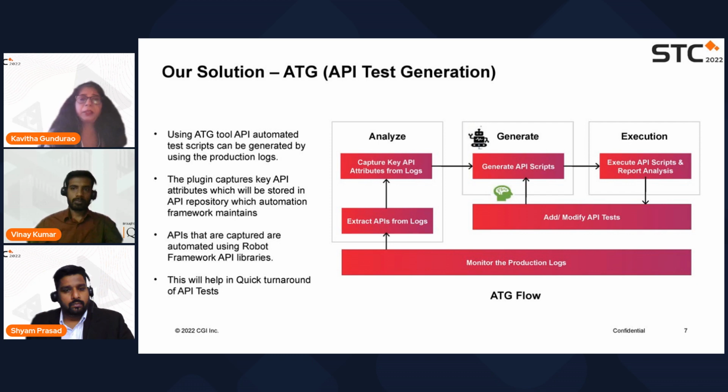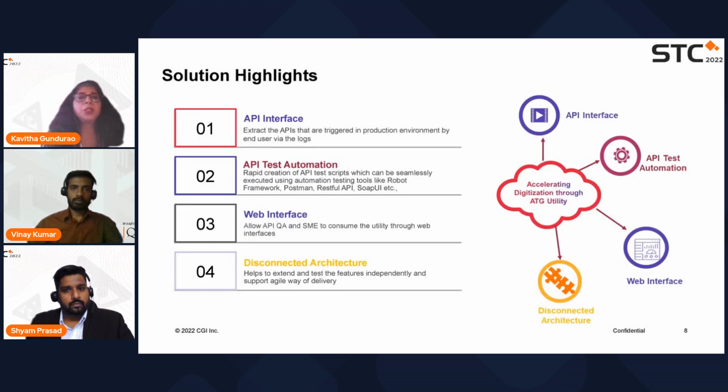Right now we are using Robot Framework, and we started automating all these APIs and feeding them to execution frameworks. And this is a continuous journey. This is what we started focusing on.